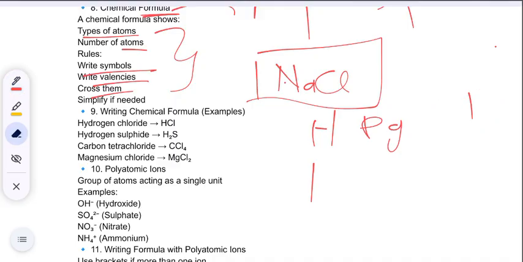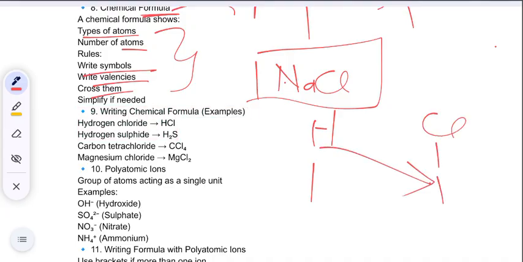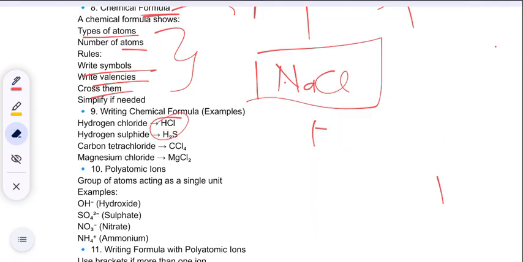Now hydrogen chloride. First you need to write the valency of hydrogen, which I told you is 1. Second, chlorine's valency is also 1. Cross multiply them: the HCl formula. Next is hydrogen sulfide.